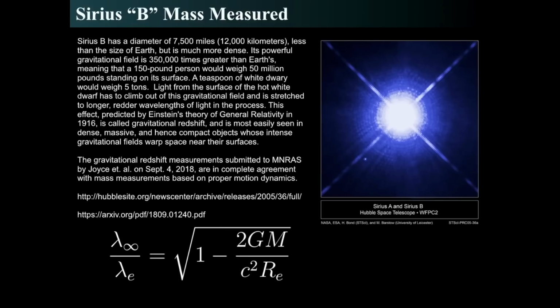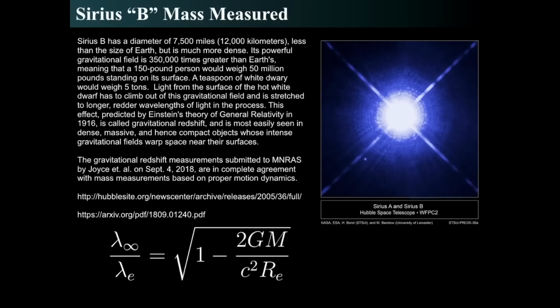So another way that Sirius B's mass could be measured, and this is what Joyce et al. did in 2018, is, well, actually this is extremely recent, from September 4th of 2018. This is like right now. This is data that just came out in Monthly Notices of the Royal Astronomical Society, or MNRAS, and the paper said that they discovered that the diameter was about 7,500 miles, or 12,000 kilometers.